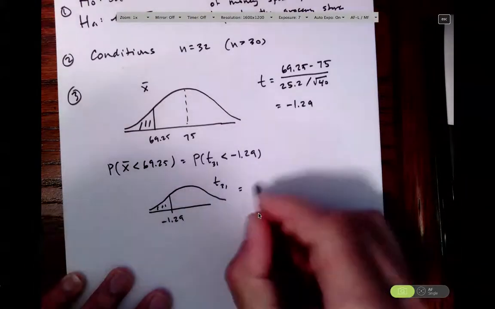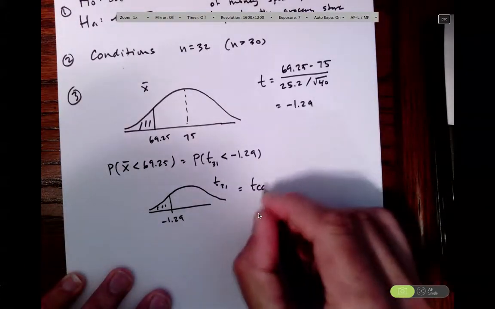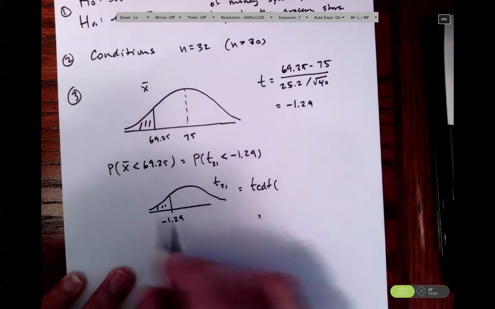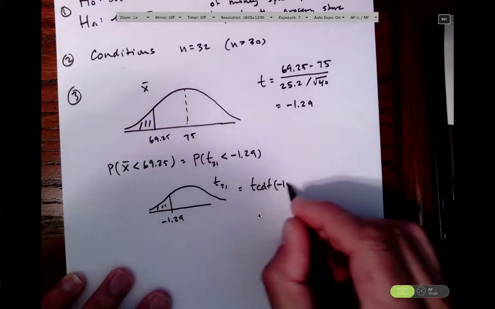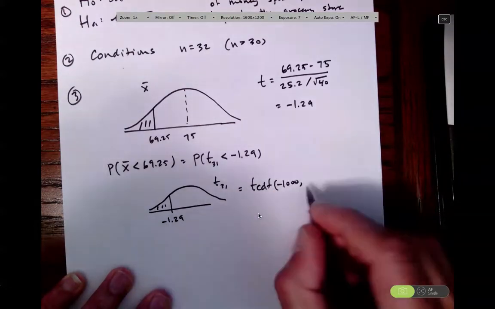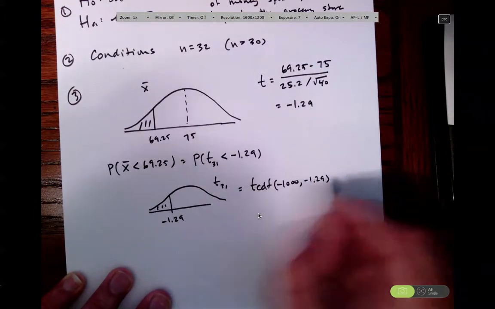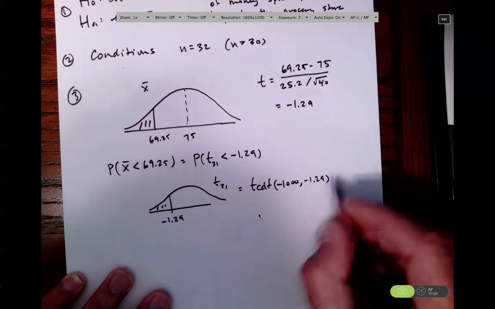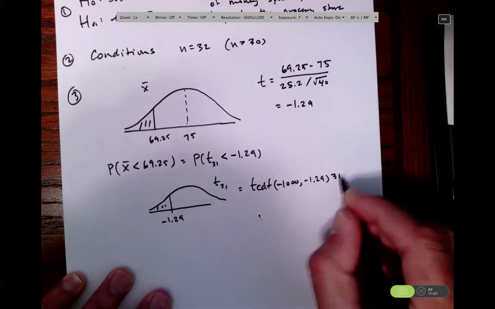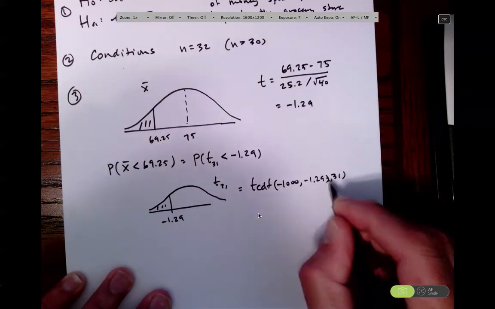To do that, we do tcdf. The lower value on this one is negative 1,000. The upper value is negative 1.29, and the degrees of freedom is 31. There should be a comma.